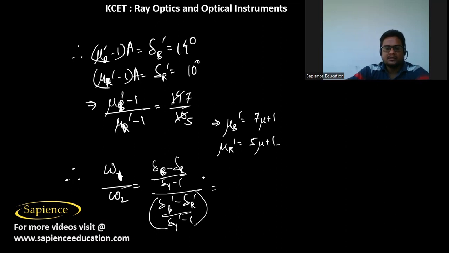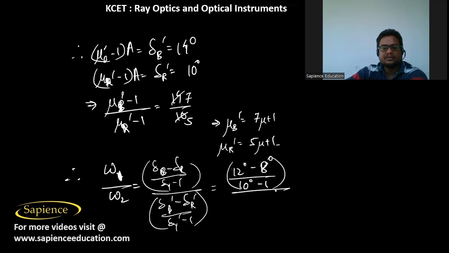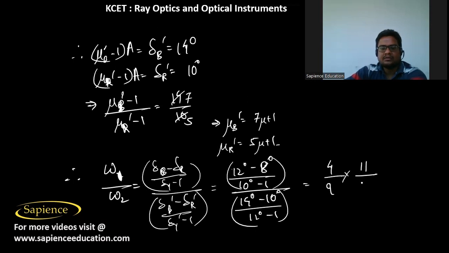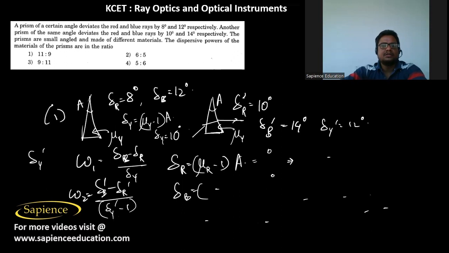This will be 12 degrees minus 8 degrees by 10 degrees minus 1, divided by 14 degrees minus 10 degrees by 12 degrees minus 1. This is equal to 4 by 9 into 11 by 4. The 4 will cancel, so it is 11 by 9. It will be 11 is to 9. So option 1 is the correct answer.